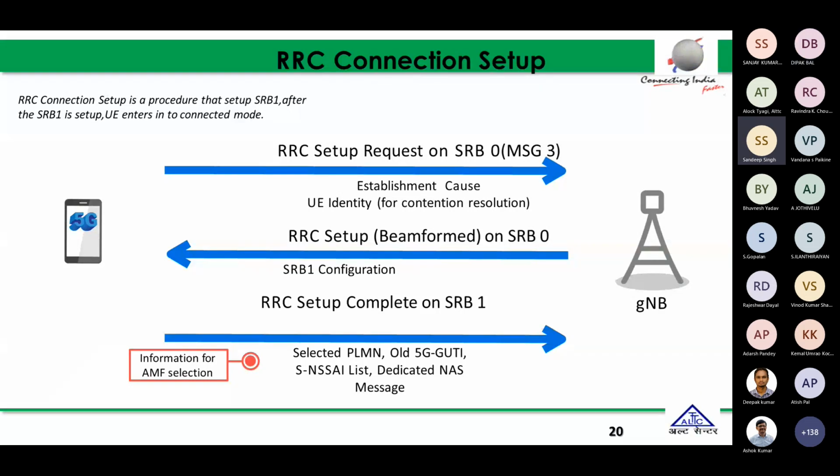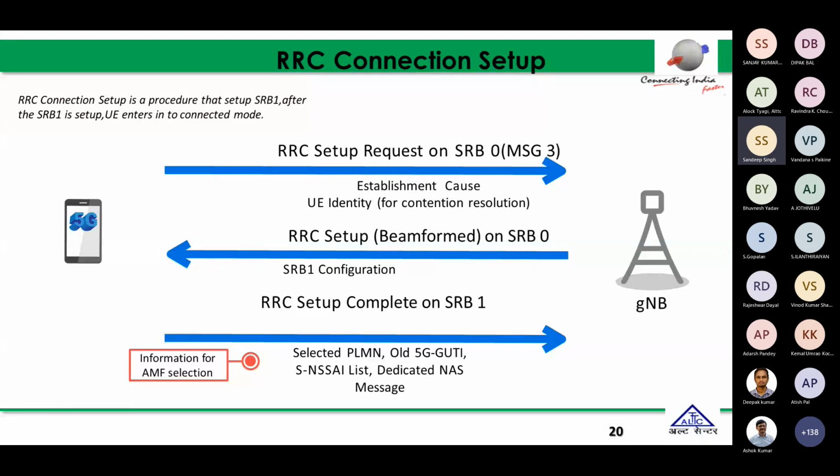The RRC connection setup is a three-step procedure where two messages I have already discussed in the random access procedure. The third message, the RRC setup complete, is sent on SRB1, and SRB1 is a signaling radio bearer. It is a dedicated control channel.